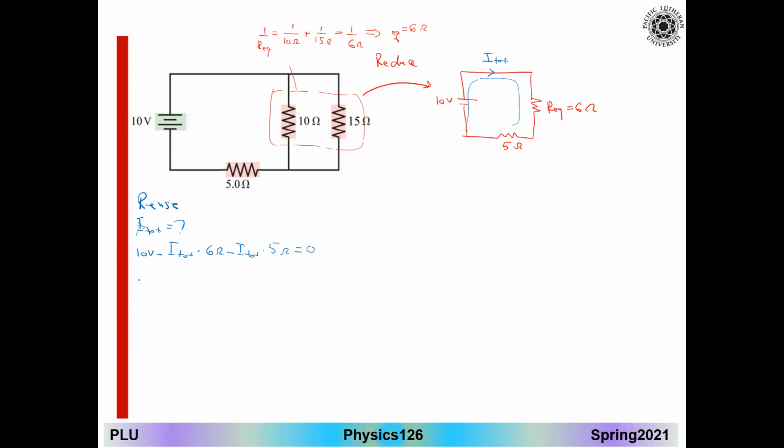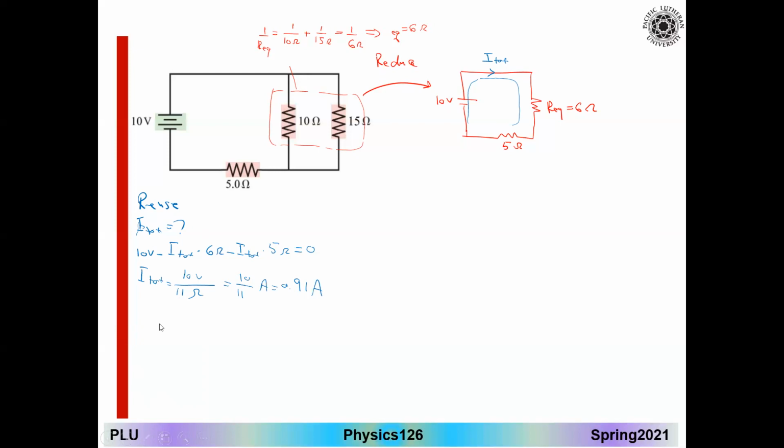From here, I can find my I total: 10 volt, and 5 plus 6 is 11 ohm, so I have 10 divided by 11 amps, which is close to 0.91 amps. Now I am done with the reuse. I reuse the equivalent circuit to find my total current using Kirchhoff's law.